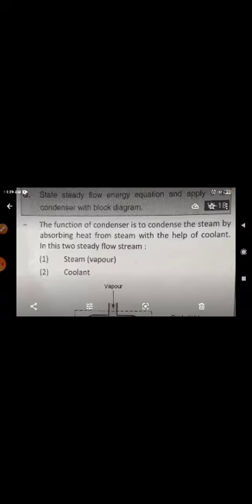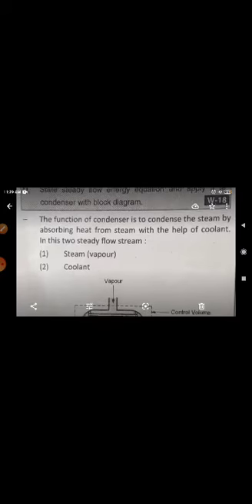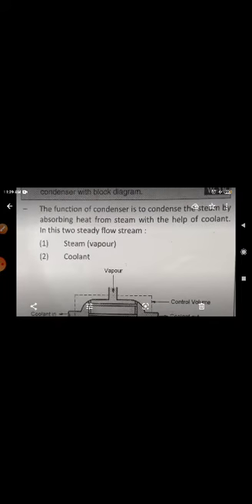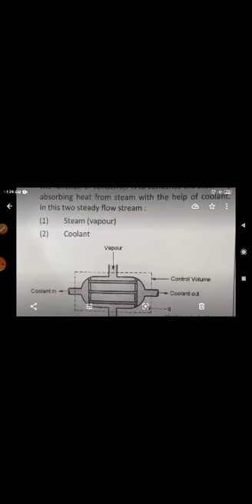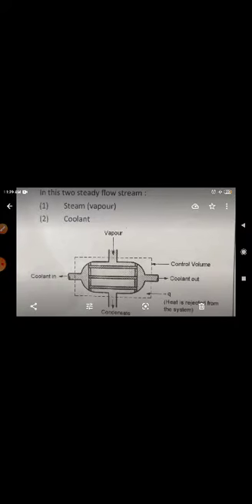The function of a condenser is to condense the steam by absorbing heat from the steam with the help of a coolant, in this two-stream flow, steam vapor and coolant. You can see here are two systems. One is vapor at high temperature, which is condensing and getting to lower temperature. Vapor is coming inside; here is one system, the steam.